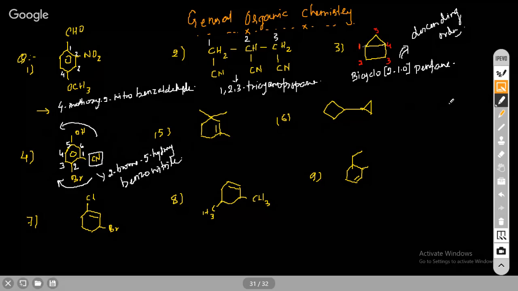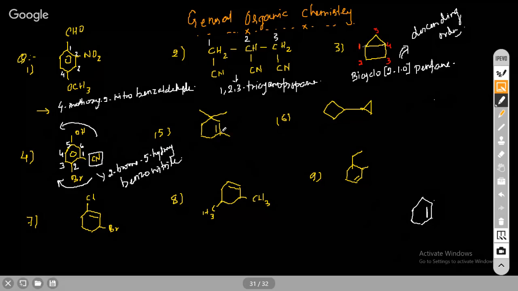The rule is what? Whenever the ring contains a double bond, then we always give first and second position to the double bonded carbon atoms. So here, you can write 1 and 2 or 1 and 2, whatever, because there are no substituents.